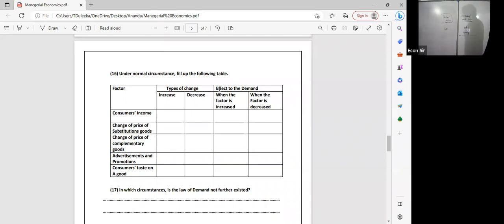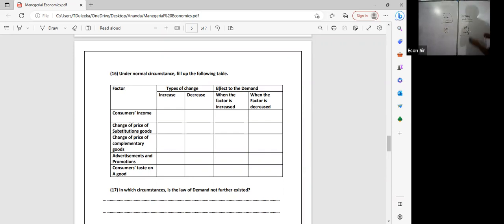Earlier, the price of a litre of petrol was how much? 400 rupees. Now, suddenly, it has come down to 340.